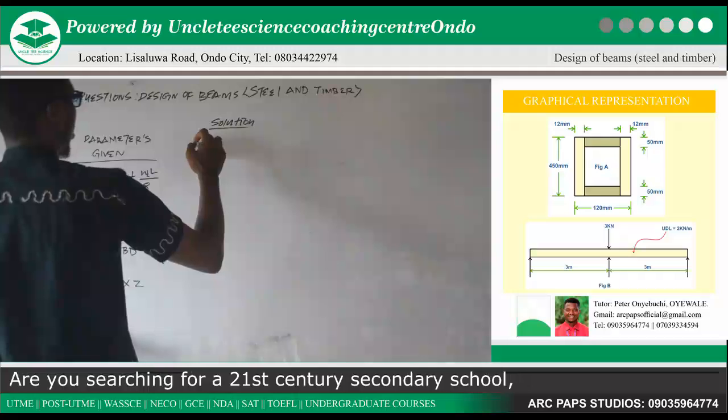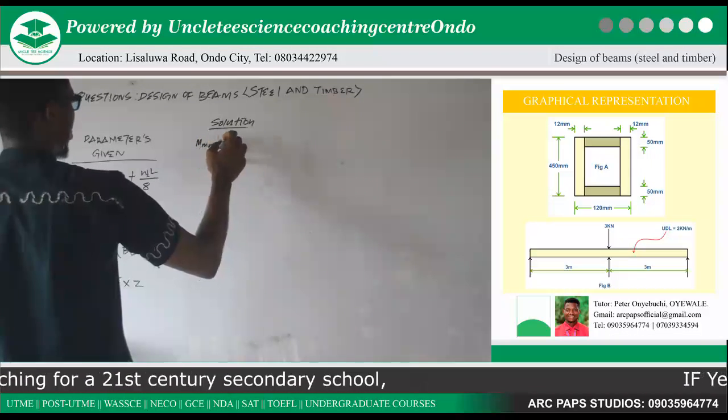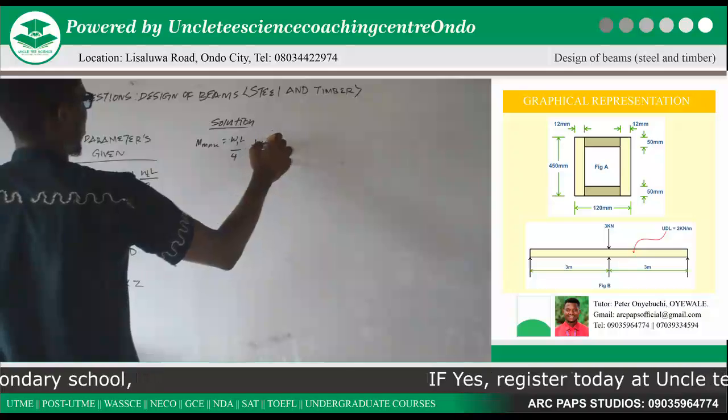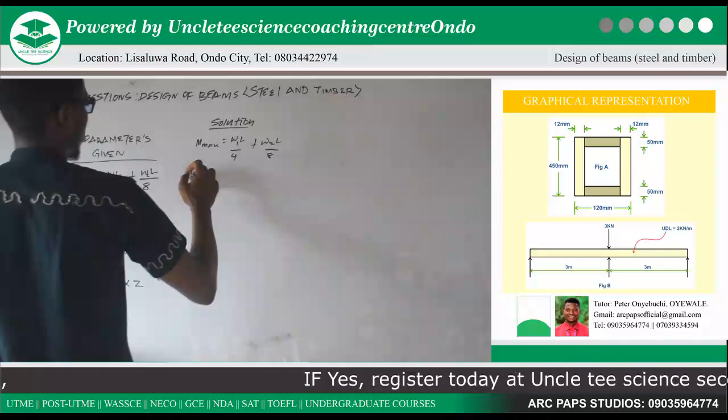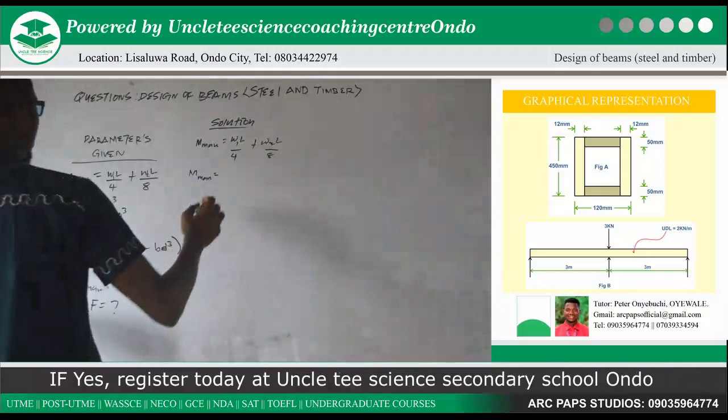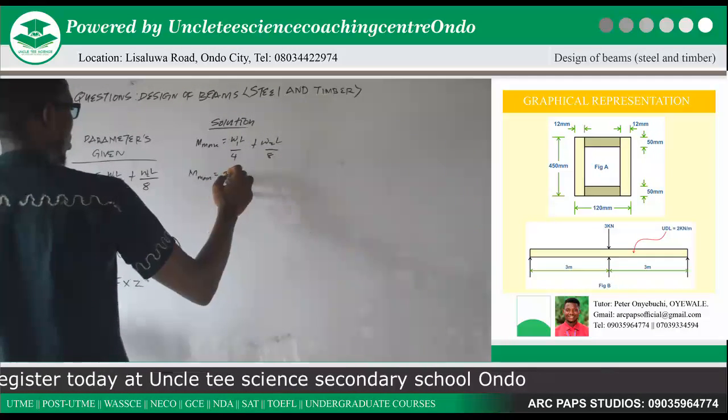Okay, welcome to this particular question. It's a very simple question. So now let's first start from our M max is equal to W1L over 4 plus W2L over 8, as you can see from the parameters given.